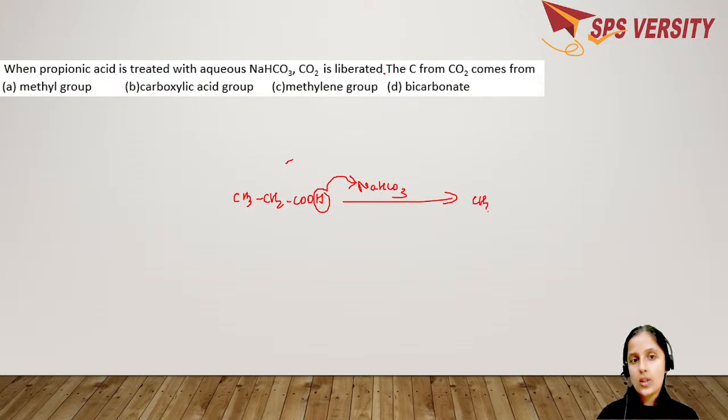So you get CH3CH2COONa, and the 2 hydrogens combine and you get CO2. This carbon comes from HCO3. That's not the methyl group, not the carboxylic acid, not the methylene, but it comes from the bicarbonate group. That could be the right answer.